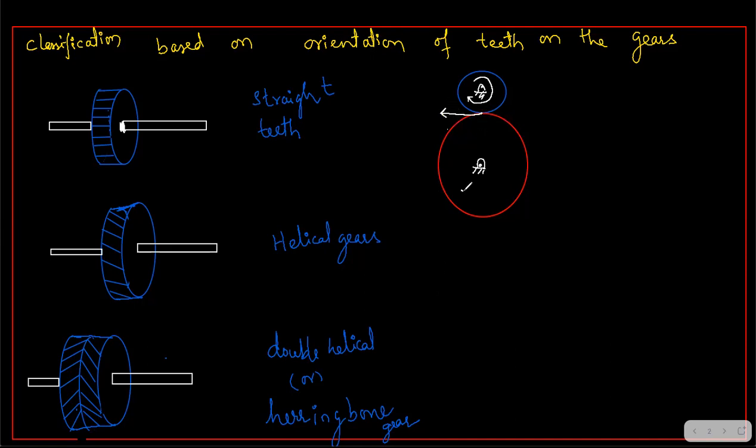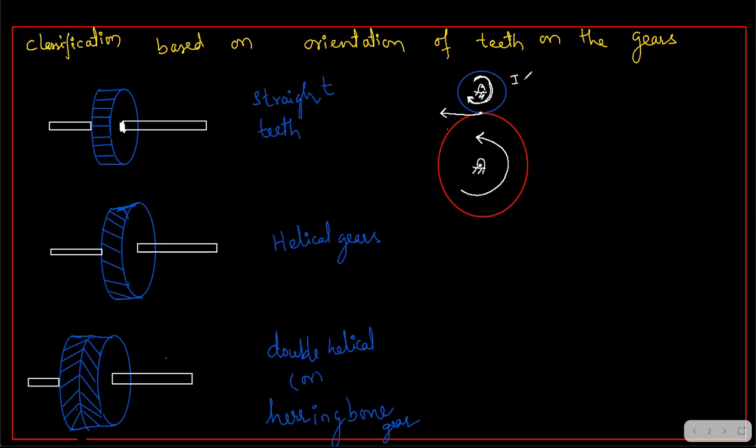It means the red gear, the bigger gear should rotate in this direction. Fine. Just first you mark one of the rotations. This is the easy way to understand. See, mark one of the rotations and then check if this point is going in which direction. Then you can check the other gear and make it in the same direction. So you can see that both the gears are having opposite sense of rotation.